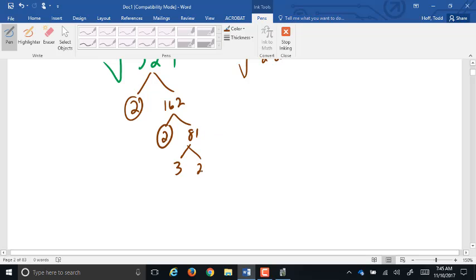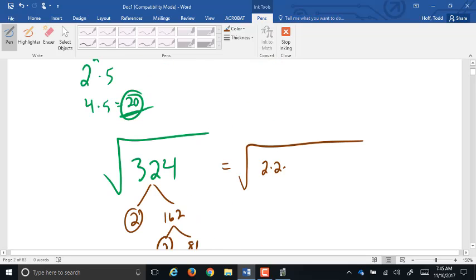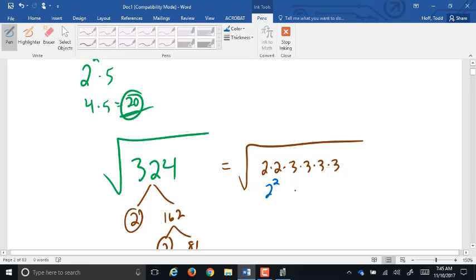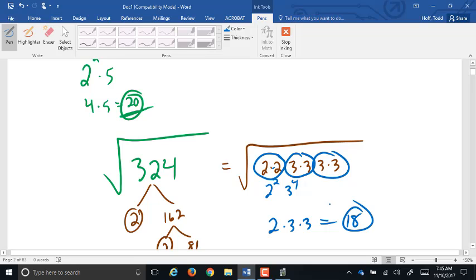It's going to be 3 and 27, or 9 and 9. So you've got 2, 2, and then 4 3s, right? So I can either write this as powers, 2 squared and 3 to the 4th, or I can just circle them in pairs. That's a 2 and then 2 3s, right? Which is going to give me 18. Double check that in your calculator. Square root of 324 is 18.